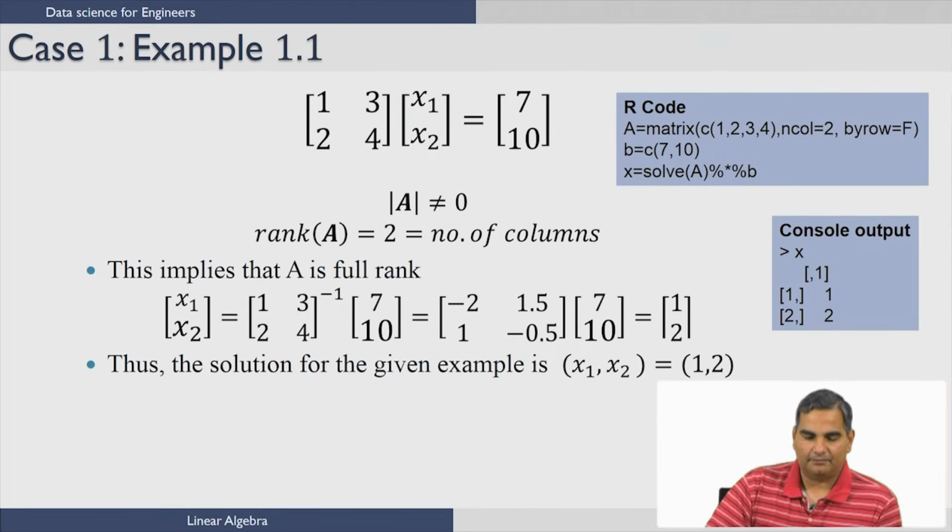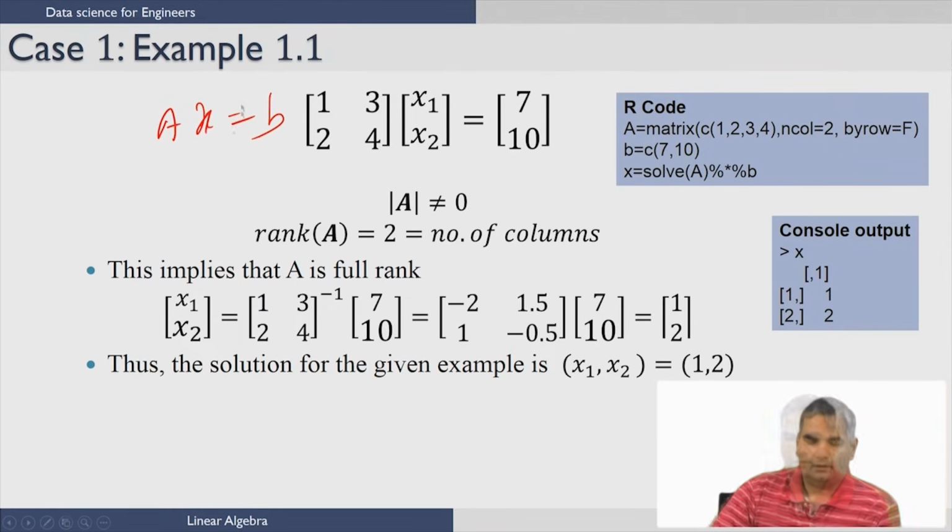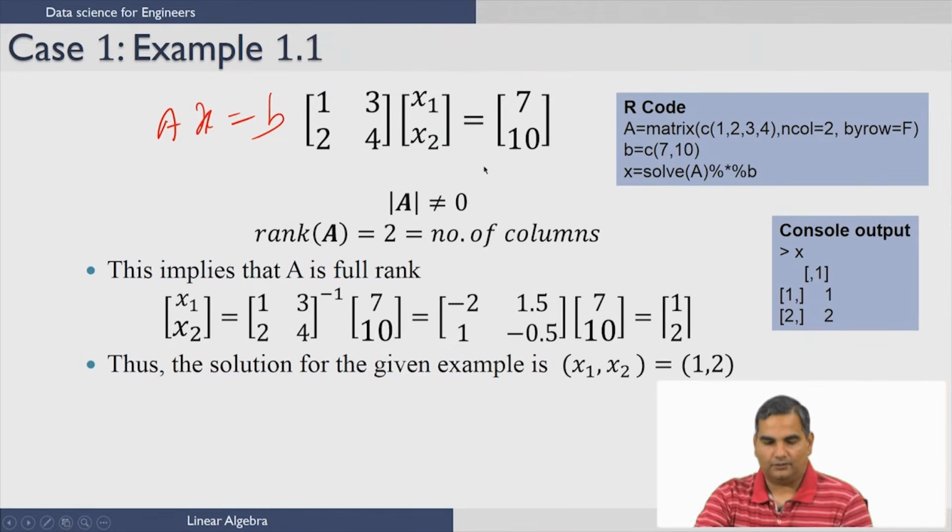Let us take a simple example where I have on the top of the screen the matrix in the form Ax equal to b. In this case, matrix A is [1 3; 2 4], x is [x1; x2], and b is [7; 10]. So, you can notice that there are two equations in two variables x1 and x2.